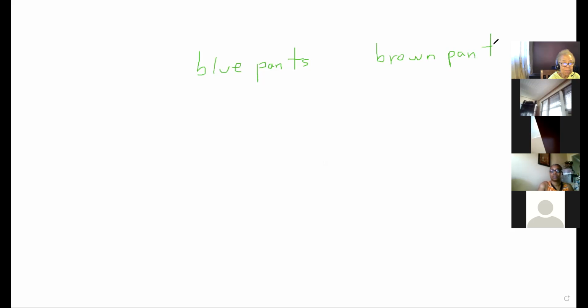Now, what colors are the shirts? So for the blue pants, this is the way the tree would look. What colors are the shirts? Red, white, and black, right?